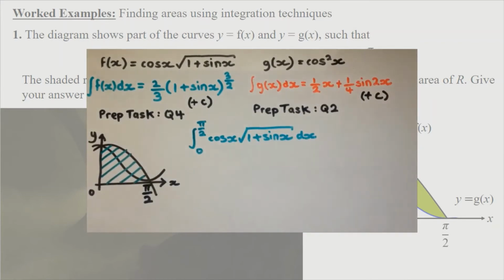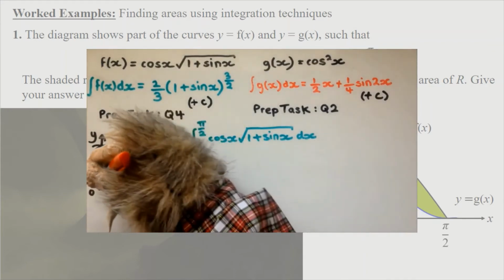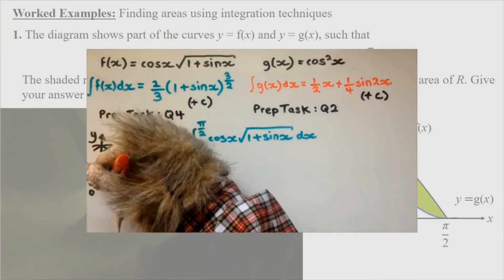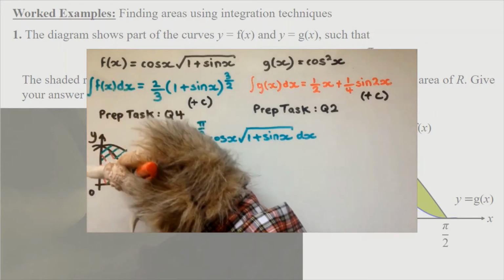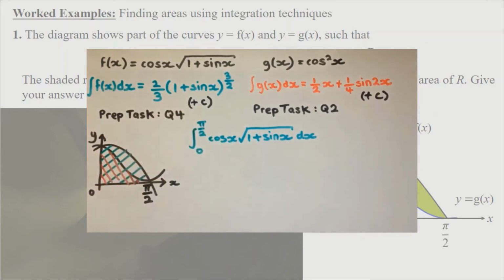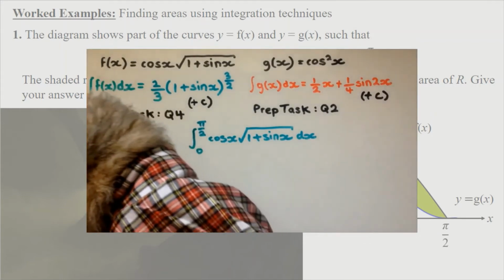So that's the first integral. The second integral is going to be the integral of g between the limits 0 and pi over 2. Again, if I do that, this will return this area here. Okay, and that looks rather a lot like my shirt, doesn't it?